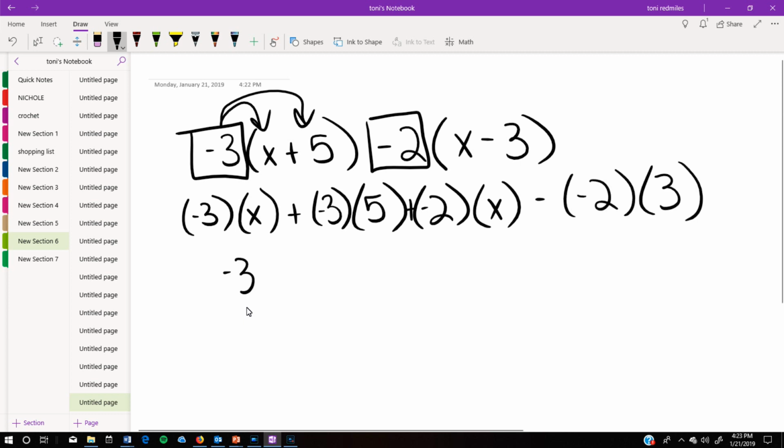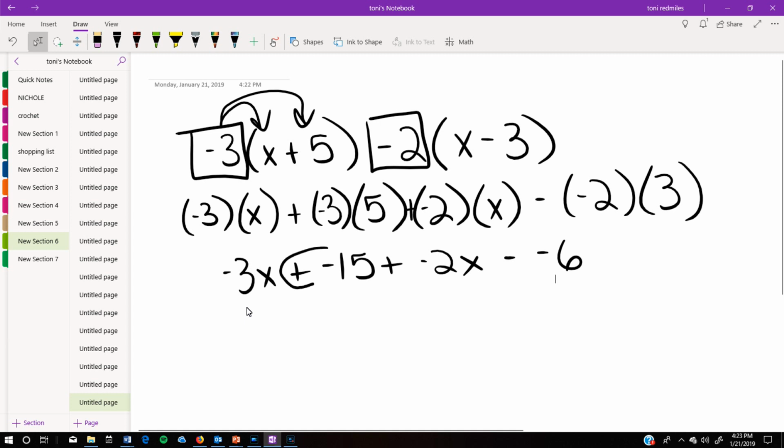All right, so this is a -3x, okay, plus these two multiplied together is going to give me a -15, plus -2 times x is a -2x. Drop down my minus. A -2 times a 3 is a -6. Now I've got lots of double negatives. If you're taking a rational numbers course, you know we have to do something. We can't have two signs beside each other. The plus and the minus are usually not a big deal. We can usually keep those.